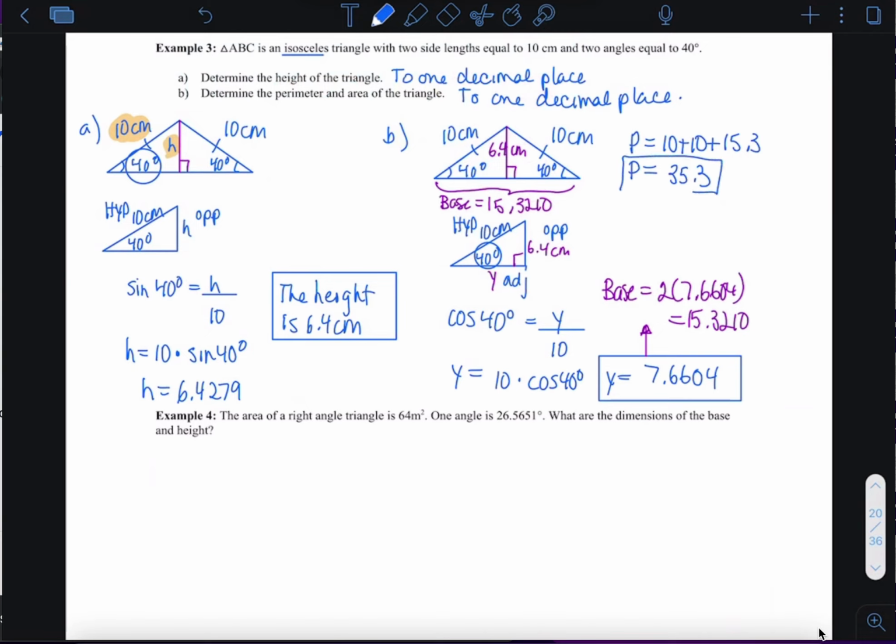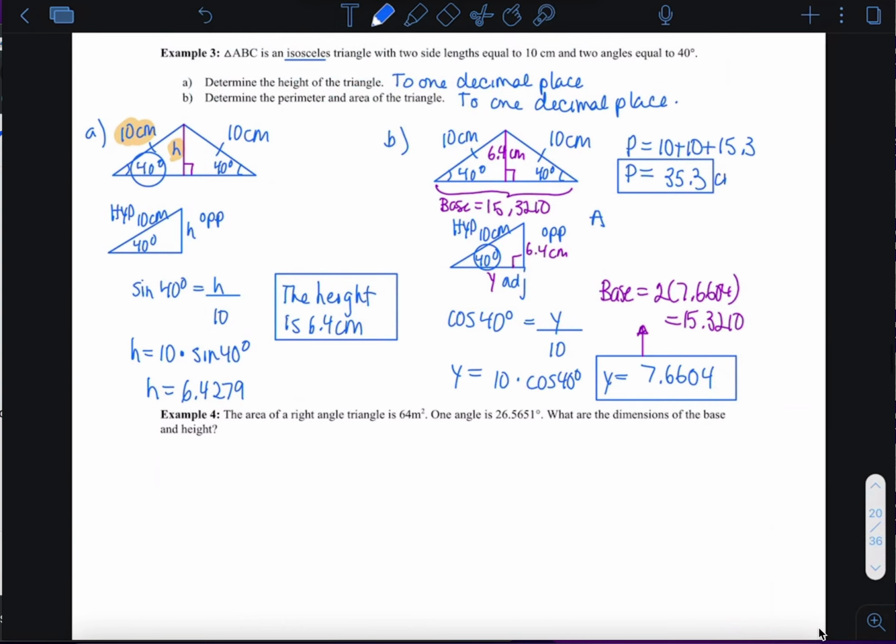And I know that the area of a triangle always, I'm just going to put it in centimeters. Okay, and the area is base times height divided by 2. And we have area here.